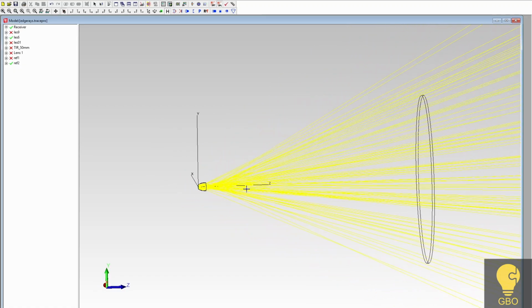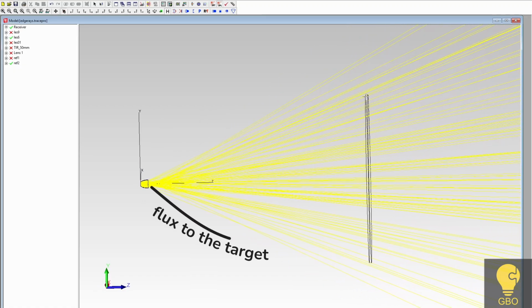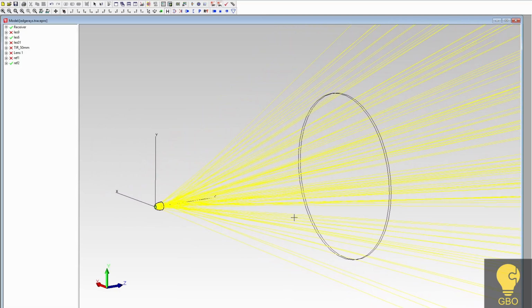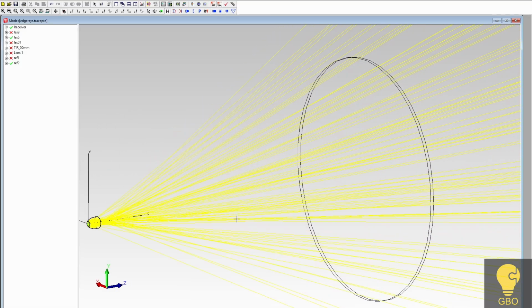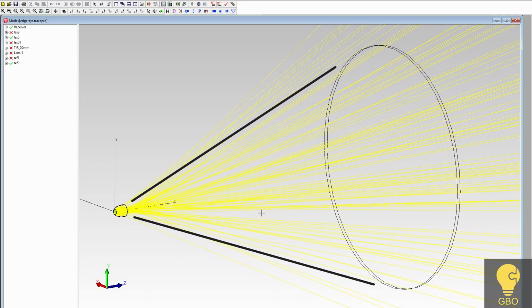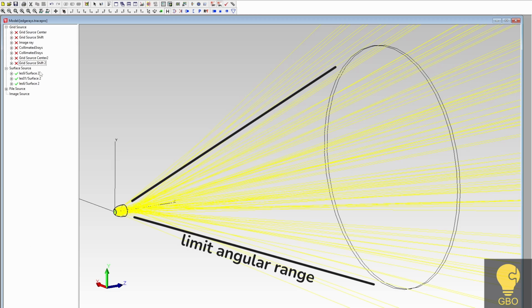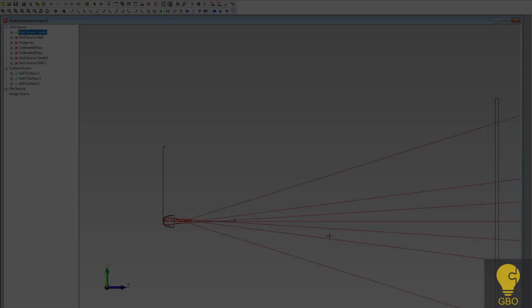Since we are transferring flux onto a target, the most useful thing we can do is define a boundary that all of our light has to stay within, so we get the highest possible efficiency. If we find a way to keep all the light inside a given projected angular range, then, reflection and transmission losses aside, we have the guarantee of the best efficiency we can get.